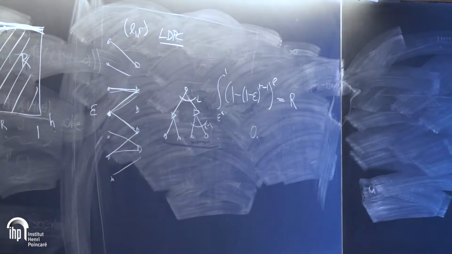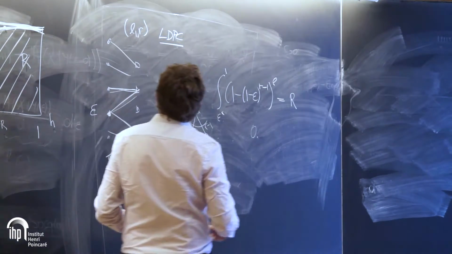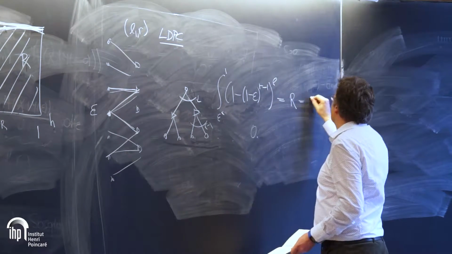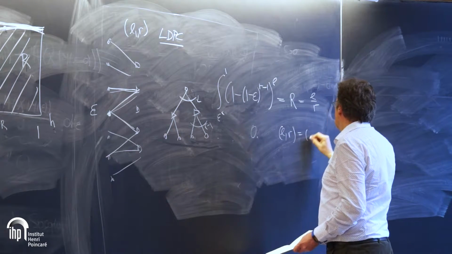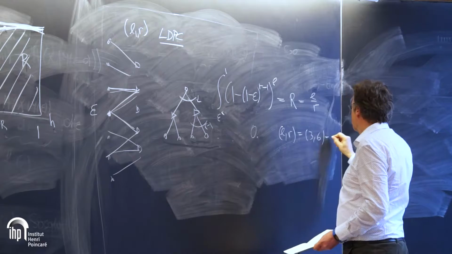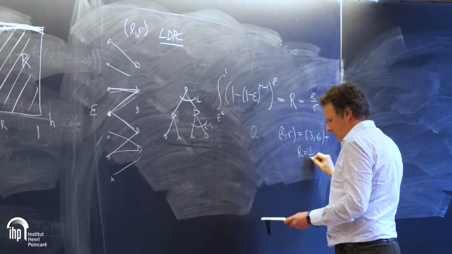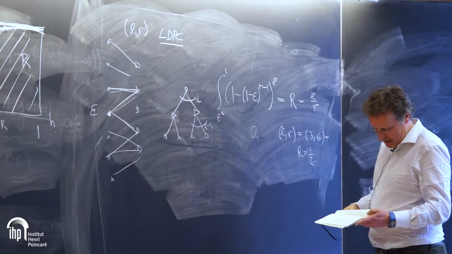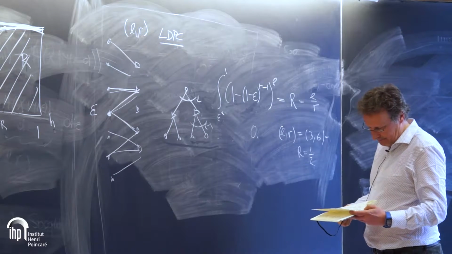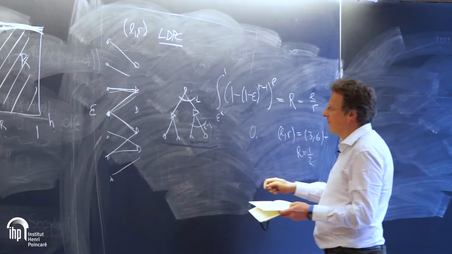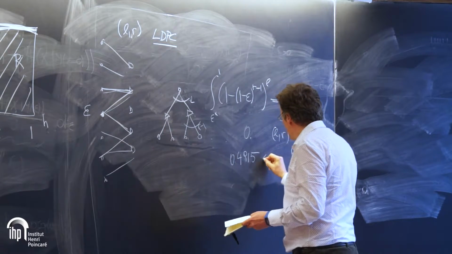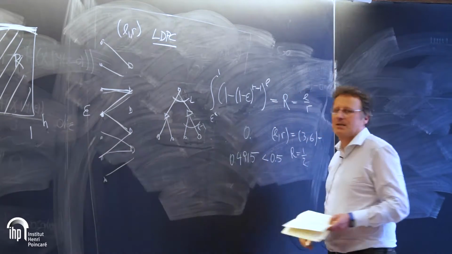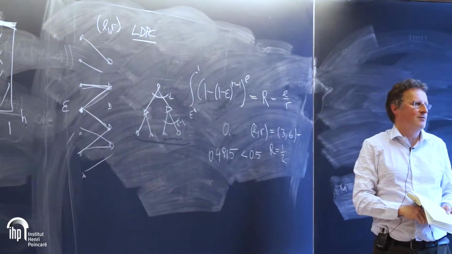Sorry, I'm always talking about the rate a half, but the rate is L over R. So if I do this for LR being, let's say, the 3/6 code, where the rate is a half, then I get, for example, a bound of 0.4915, which is less than a half. So just by this, I showed you that this does not achieve capacity.